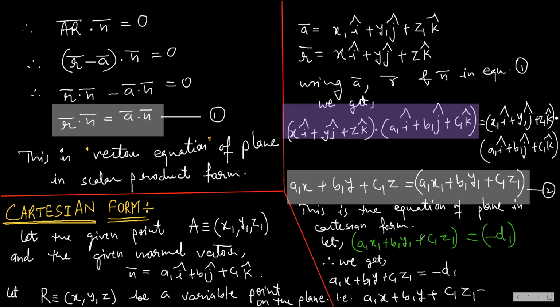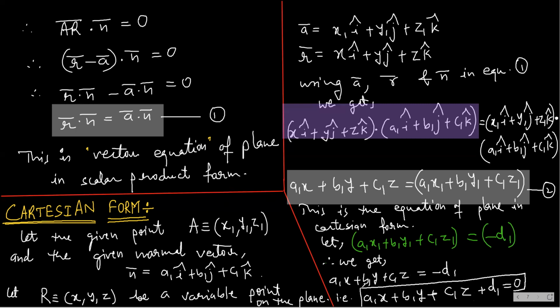It is not z1, I am sorry, here I wrote z1 by mistake. That is, a1x plus b1y plus c1z plus d1 equals 0.